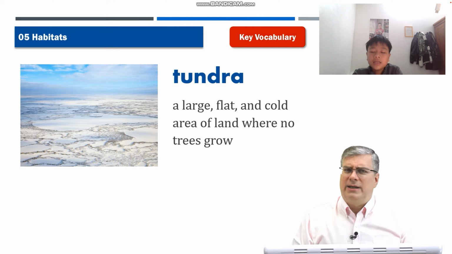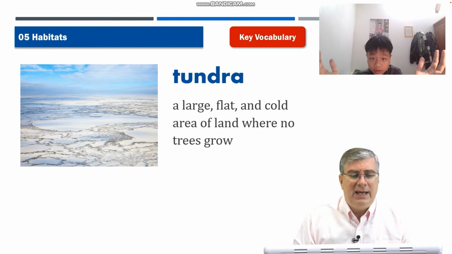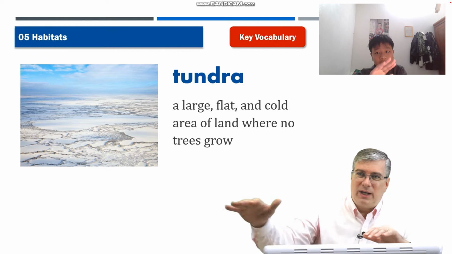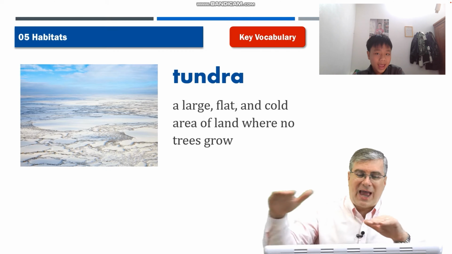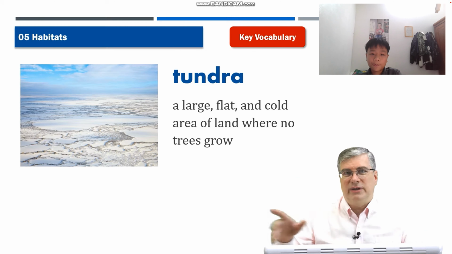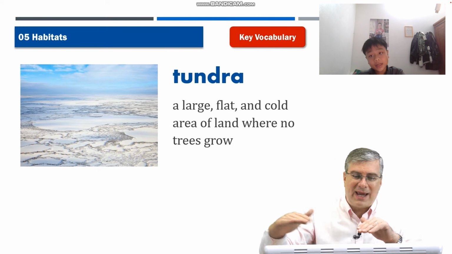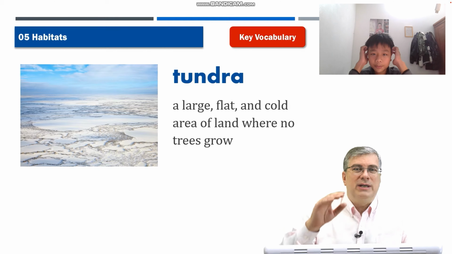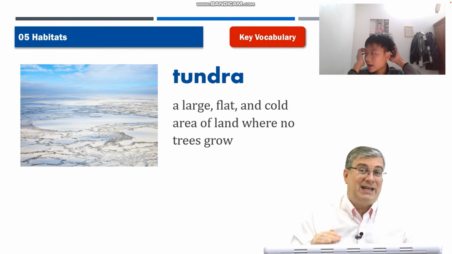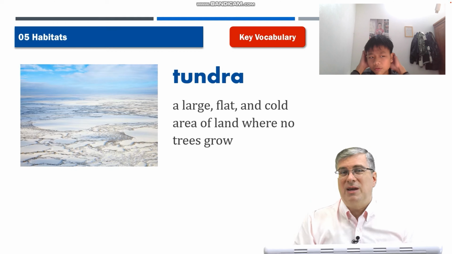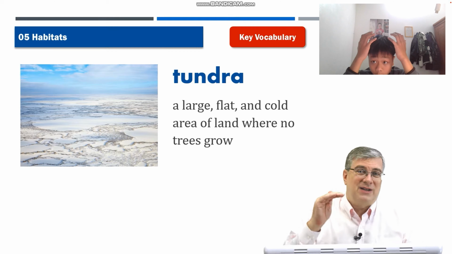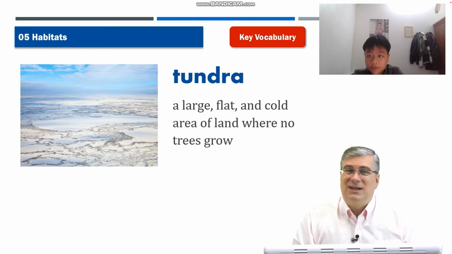So our first key vocabulary is tundra. Tundra is a large and flat area of land where no trees grow. What does that mean? Of course, the tundra is a place that does not have what the trees need to survive.